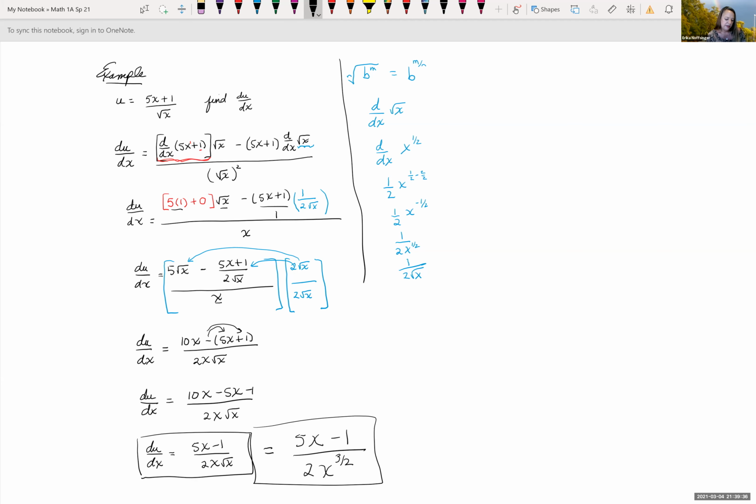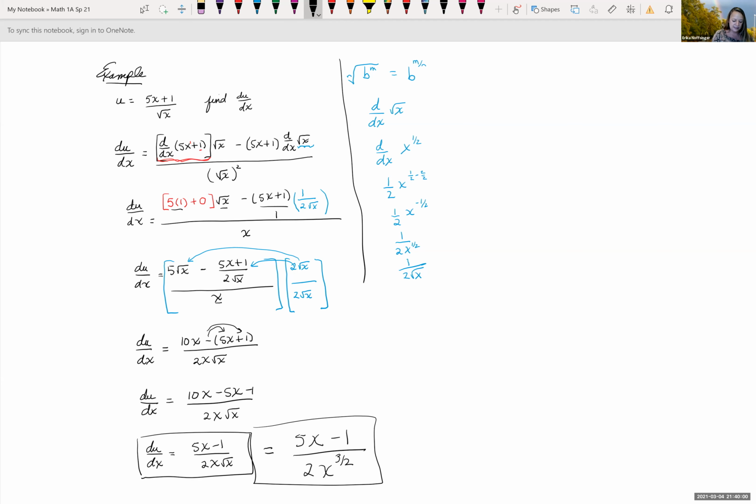Okay, so that was using the quotient rule, but I'm looking at u and I see that I have a single term in the denominator. And I notice if I have a single term in the denominator, I could rewrite this so that maybe I wouldn't have to use that quotient rule. I could just use the general power rule and the sum and difference of derivatives.